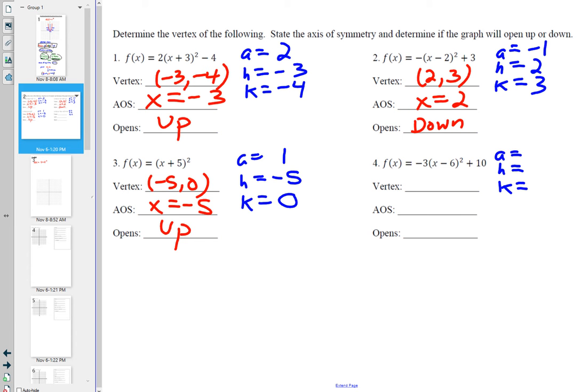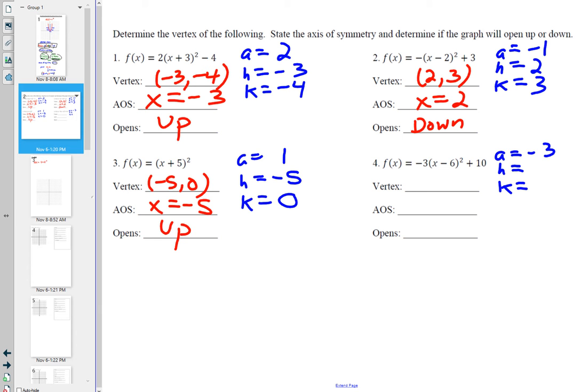And then, Emma Grace, what's a, h, and k for the last one? a is yep. No, h, give me h. Is that -6? No! You gotta change the sign. It's the most common mistake.